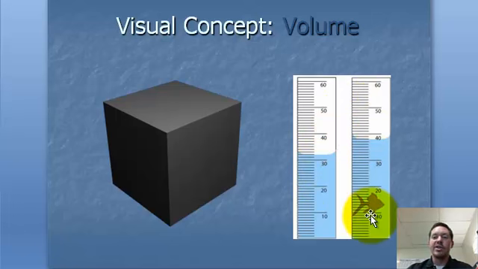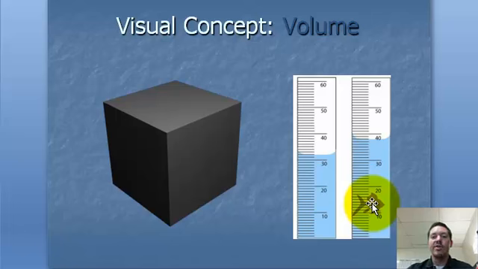When I drop my fish in there, the water level goes from 32 up to about 38. So what I can do is take 38 minus the 32 to give me the volume of this irregular object. So 38 minus 32 gives me 6 milliliters. So this object that I have is 6 milliliters.